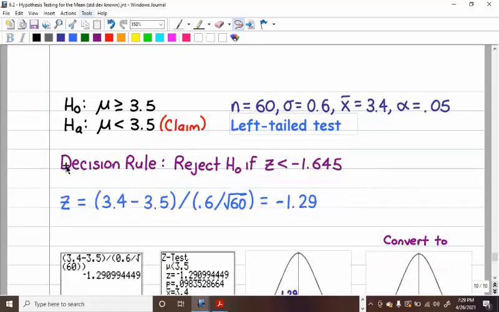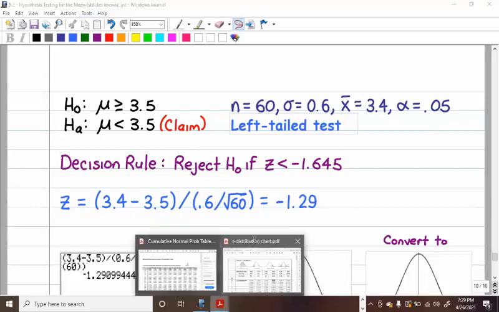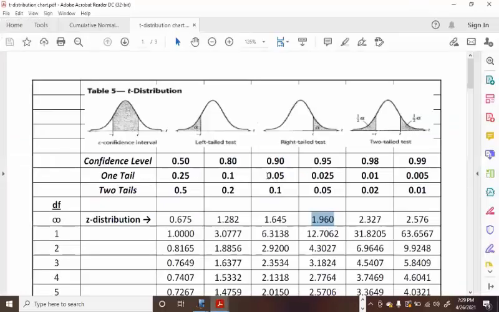So let's look at our decision rule. Left-tailed is going to start out the same way every time. Reject H0 if z is less than negative, whatever that's going to be. 0.05, one tail. It's automatically going to have the negative because it's left tail. I know it's kind of blurry, but you'll have this chart with you.